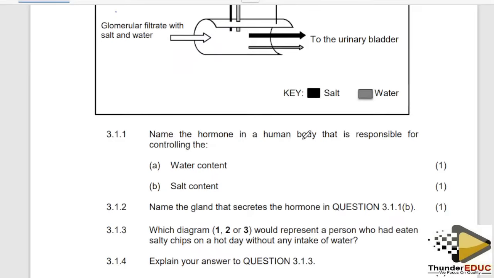Name the hormone in the human body that is responsible for controlling the amount of water. It's ADH. And then salt, aldosterone. Name the gland that secretes the hormone above. Which gland is it?